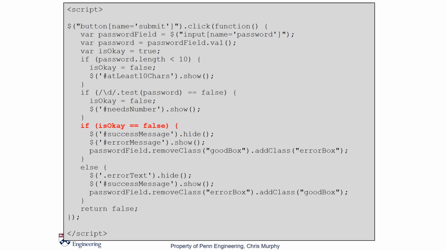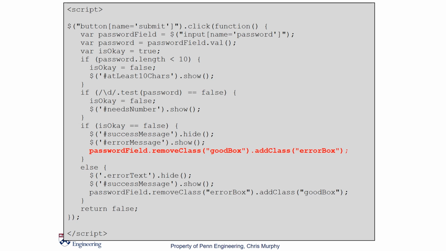Now we've conducted our 2 checks. Let's see which message we should show. If isOK is false, that means it failed at least one of the 2 checks. Then we'll hide the success message element, or span, and we'll show the error message span.